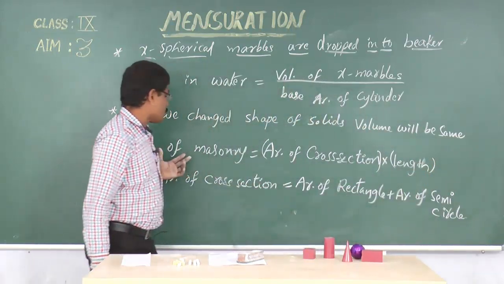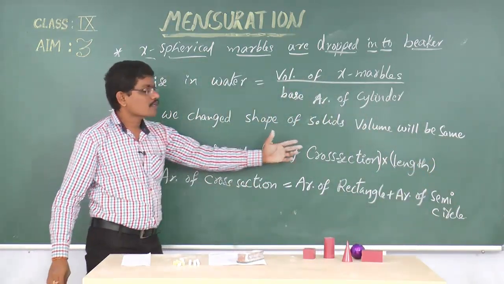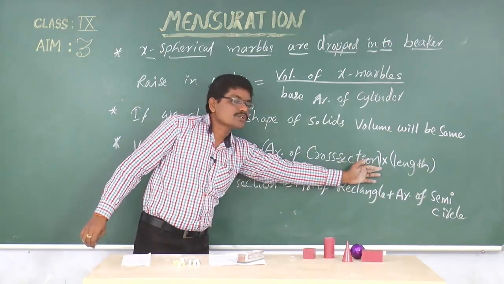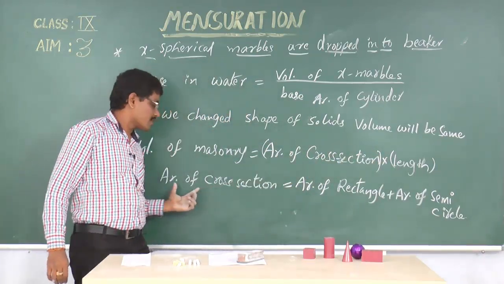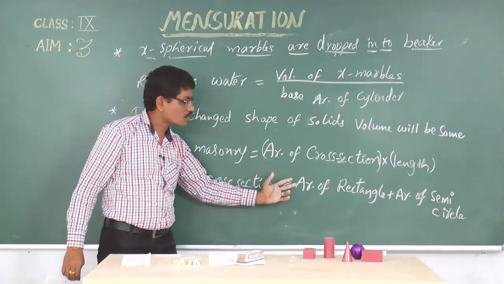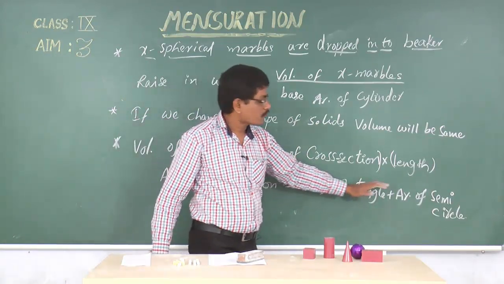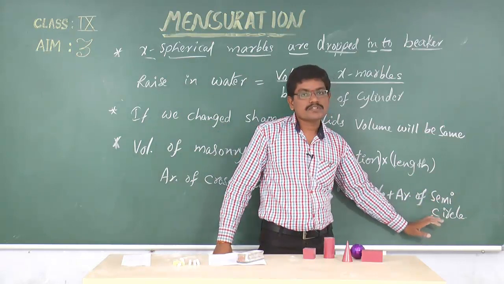So to find the area of this cross section, the formula is area of rectangle plus area of the semicircle.